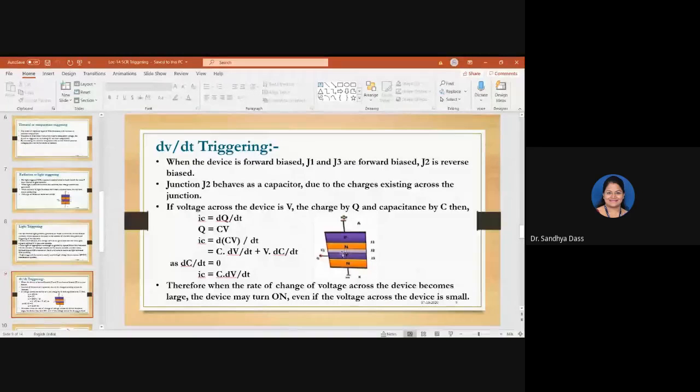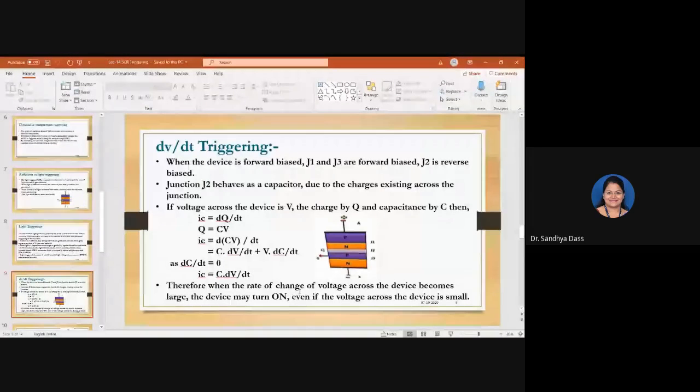If you have to increase the current flowing through this junction J2, it mainly depends on the rate of change of voltage. As you increase it, obviously you can imagine high current flowing through this. Generally, in most applications, this dV by dt is kept under specified limits.